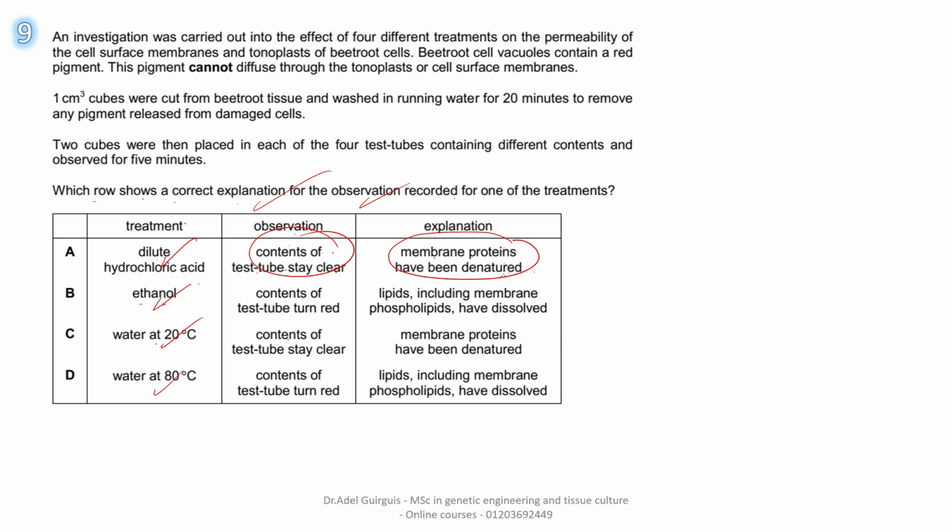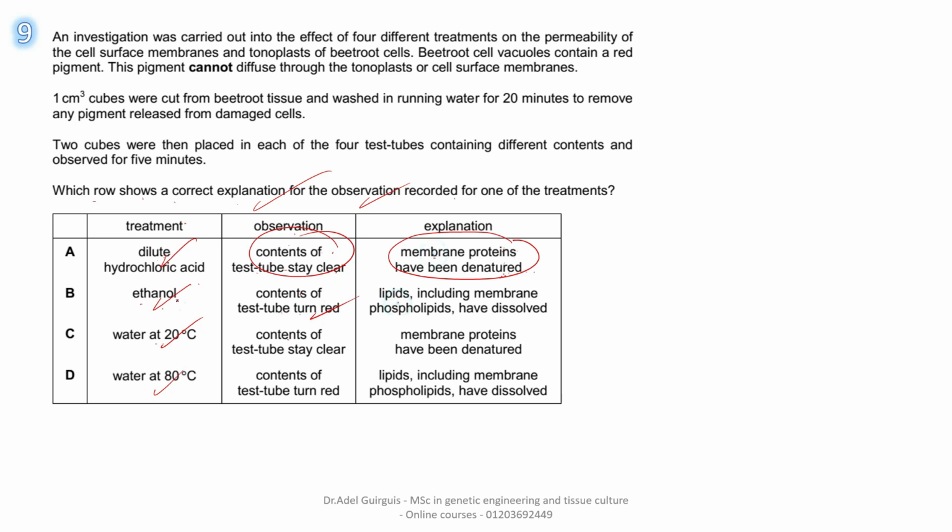What about ethanol? Ethanol is an organic solvent. It is a successful solvent for many organic matter, especially lipids, grease, phospholipids. Here the contents of the test tube turn red, right? Why?